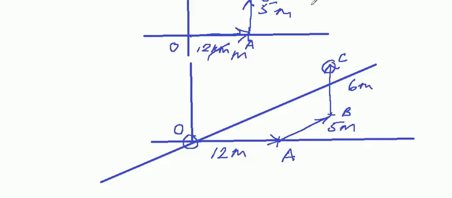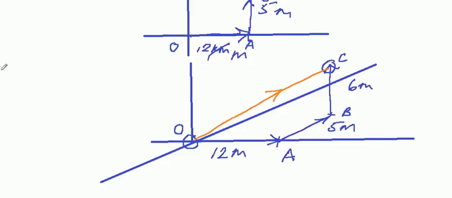So the resultant vector, I will show it in a different color, will be O to C. So my OC is the resultant vector.